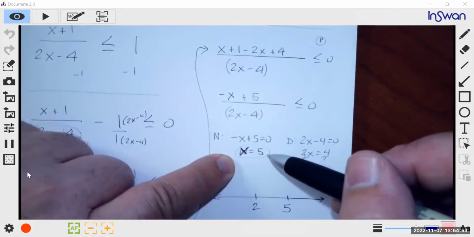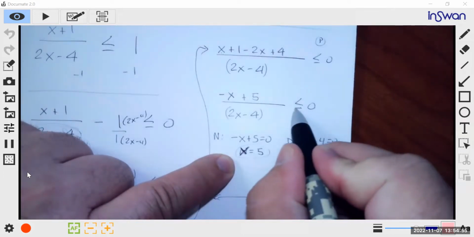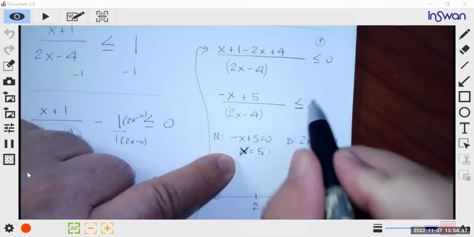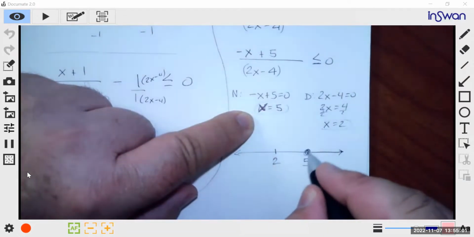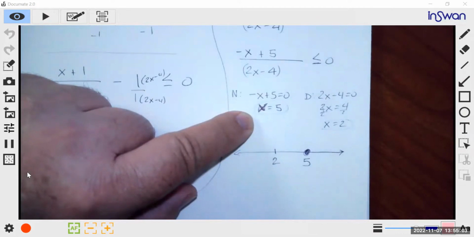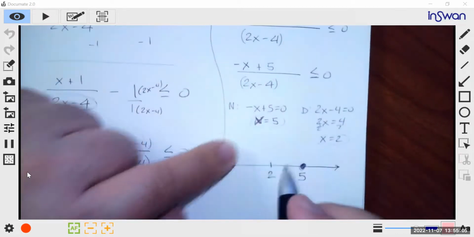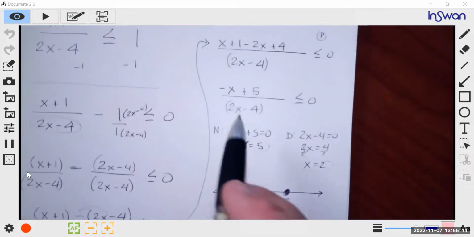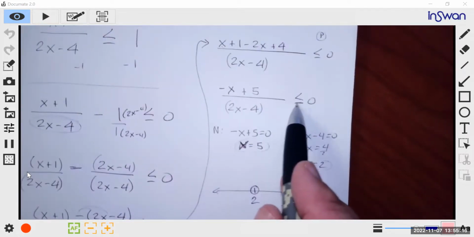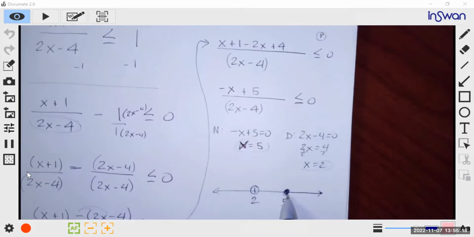In other words, if there's an equal sign here, then I can use the numerator set equal to 0, so this is a closed circle. And the denominator is always open. You can never make the bottom equal 0. The only thing that changes on the top is this: if there's no line, that would have been open.